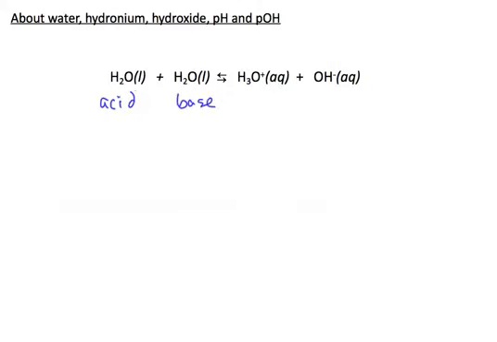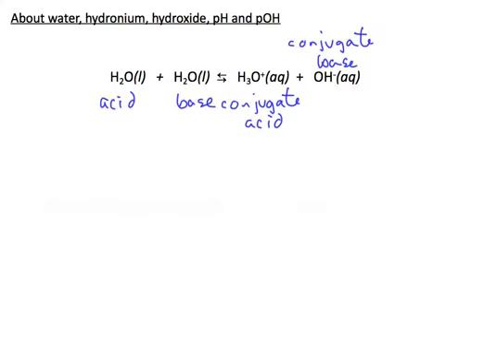If water is acting as an acid, a proton donor, it's going to lose that proton and become a conjugate base. If water acting as a base then accepts that proton, it becomes a conjugate acid. And so what I do establish here is an acid-base equilibrium involving hydronium ion H3O+ and a hydroxide ion.